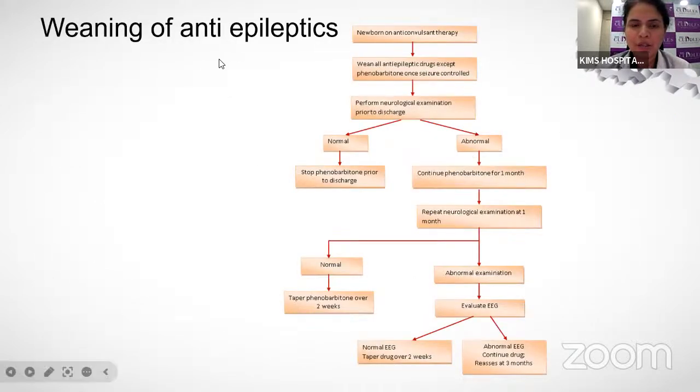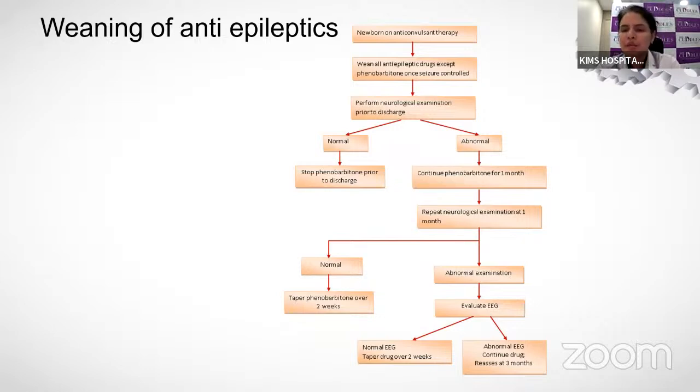And this is the algorithm for the plan for weaning anti-epileptics. So wherever possible, one tries to wean off all the anti-epileptics except phenobarbital once a seizure-free period of 72 hours is reached. And when we are on a single anti-epileptic drug, perform a neurological examination prior to discharge. If normal, even phenobarbital can be stopped abruptly prior to discharge.